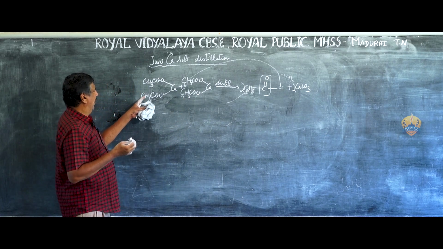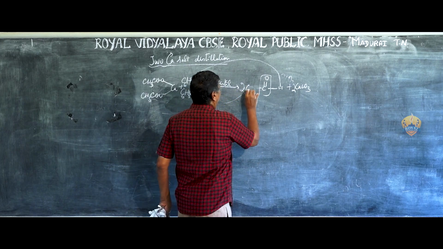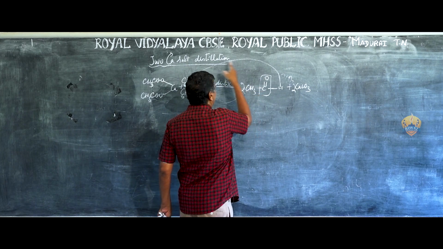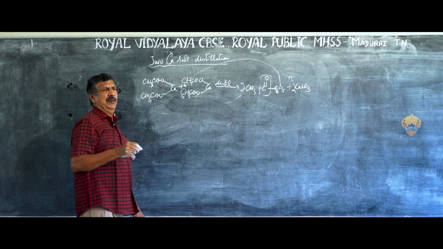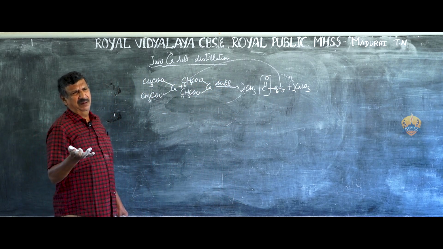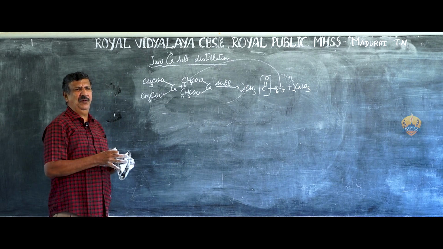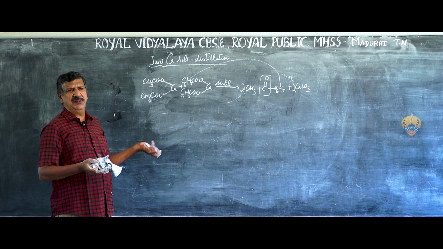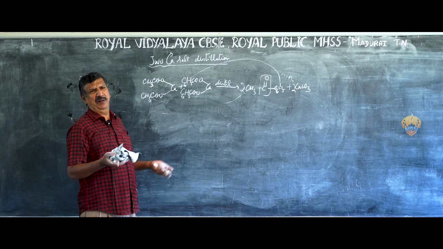You see, you are having CH3, so you write the CH3. You are having C6H5, you write C6H5. So the product will be acetophenone. That's all. This is how you should play with calcium salt.